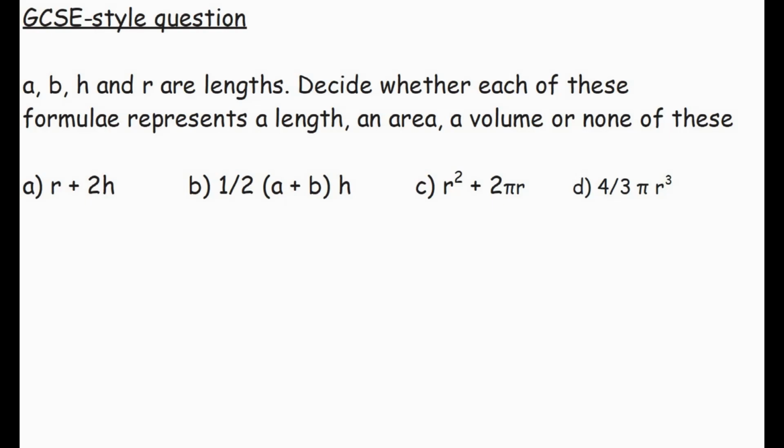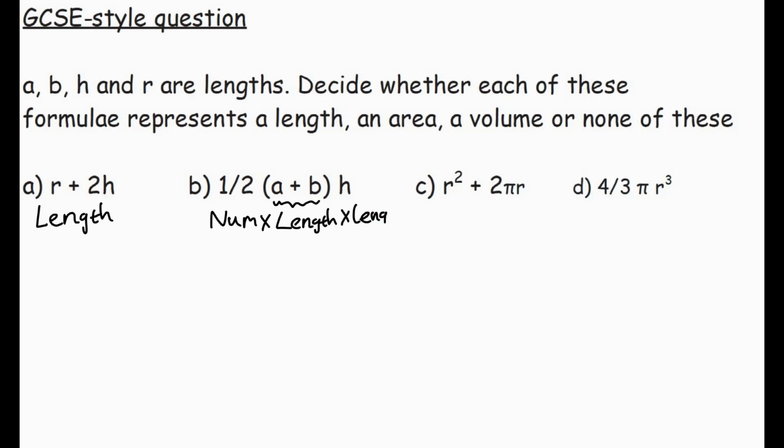Here are the answers. The first question, the formula should represent a length. In B, we should have an area, and you might be wondering why. Well, that's because you have a number, so just half, times A plus B in brackets, which is a length, times by H, which is a length.